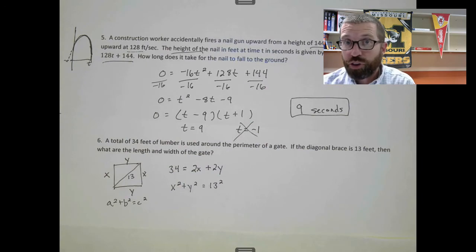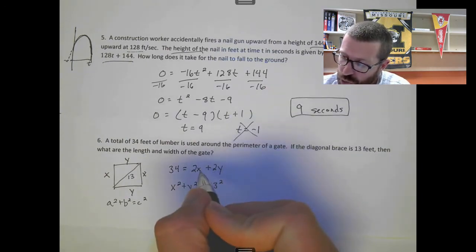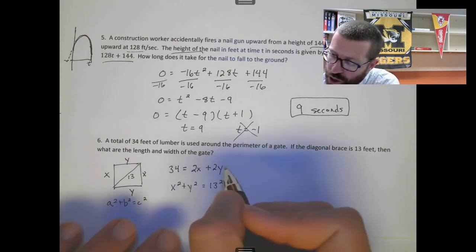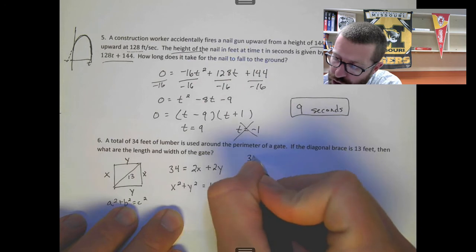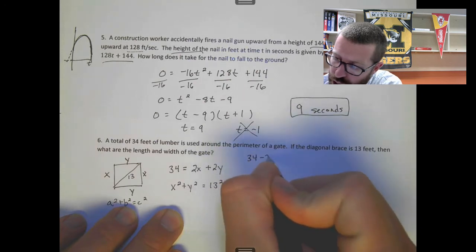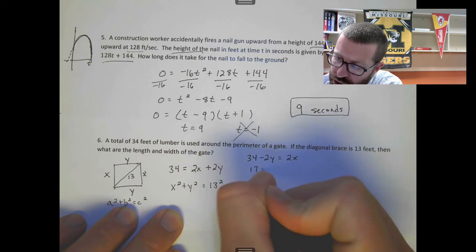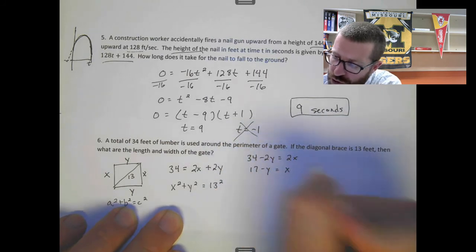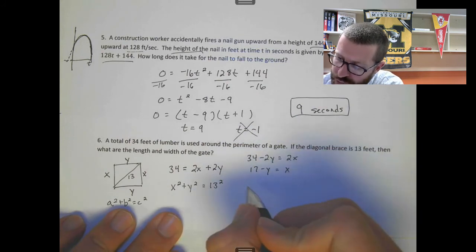So this is a little tricky to solve, but you can do it with substitution. Let's go ahead and solve for x up top. So if I subtract 2y from both sides, I get 34 minus 2y is equal to 2x. Divided by 2, you get 17 minus y is equal to x. Okay, so now that x can be plugged into here.